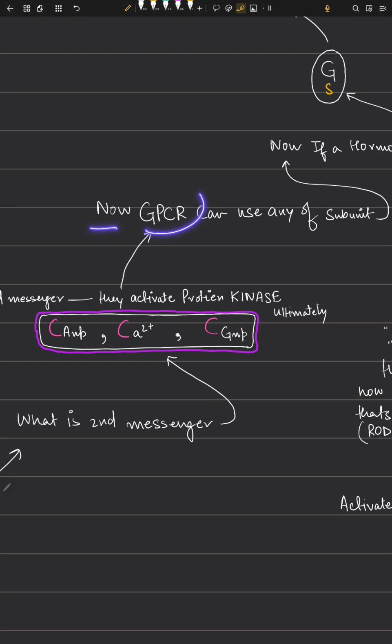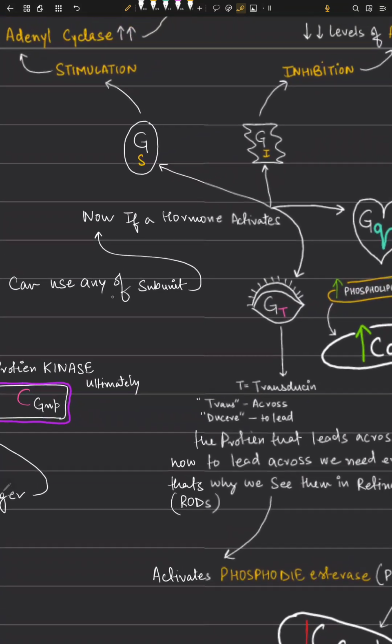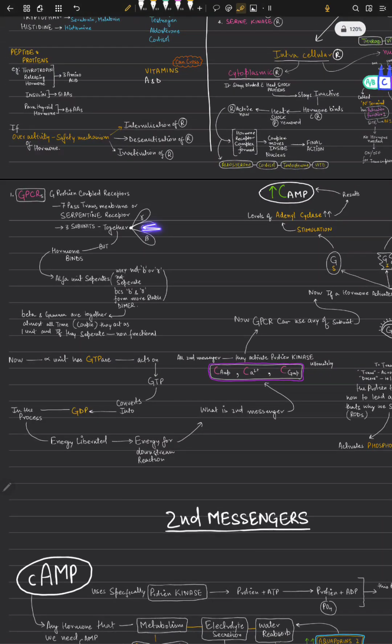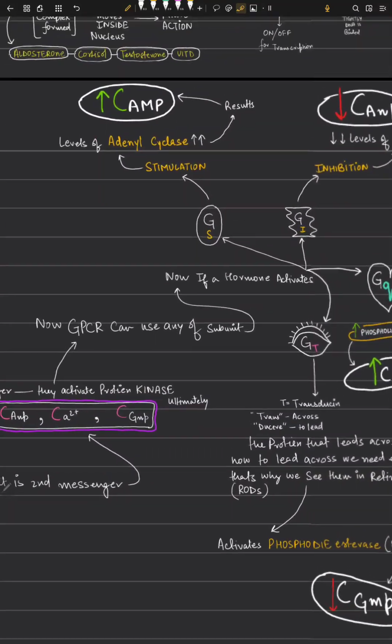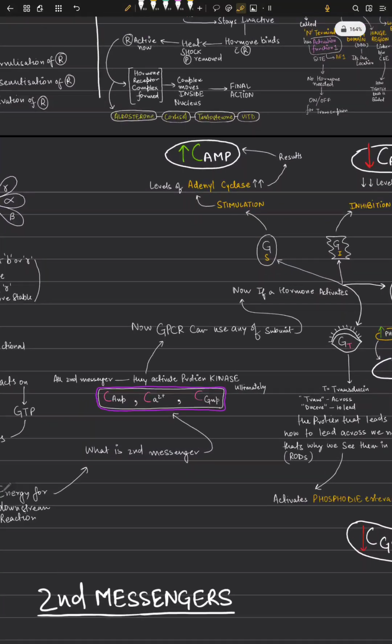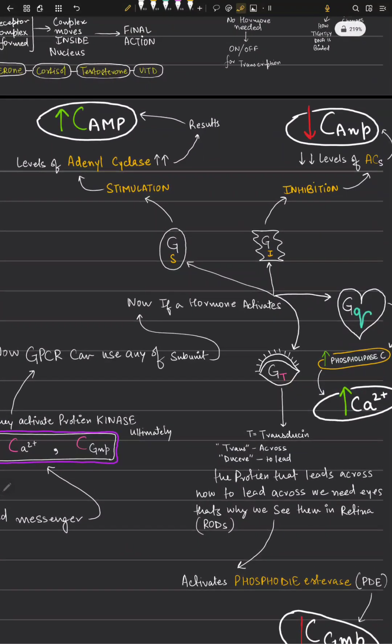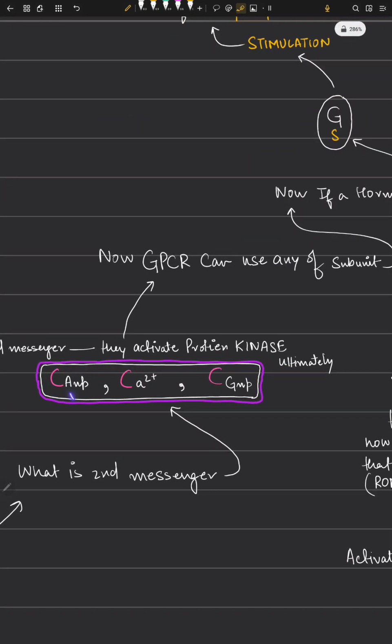Now GPCR, the G protein coupled receptor, can use any subunit, but usually it's alpha. So they use the alpha subunit. I'm talking about what happens after this.